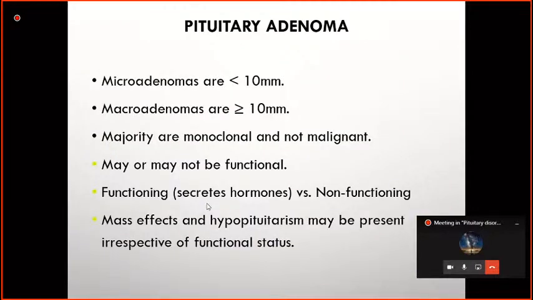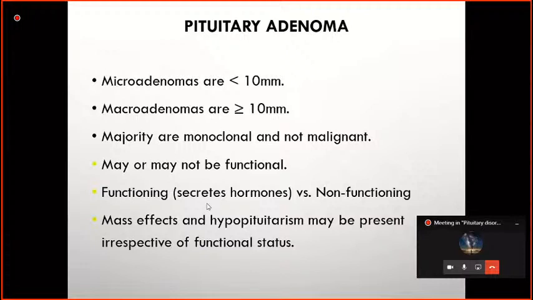All right. So just now we talked about the causes. I've already mentioned the common one is pituitary adenoma. When you talk about pituitary adenoma, you talk about micro or macro adenoma. Microadenoma refers to an adenoma of less than 10 millimeter in diameter, macro of more than 10 millimeter in diameter.